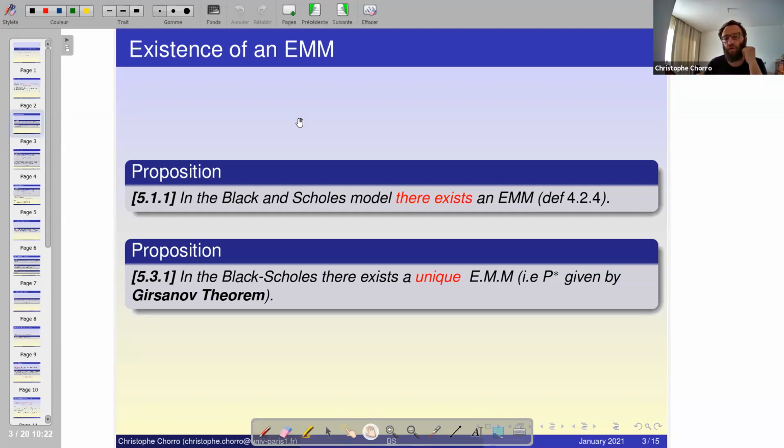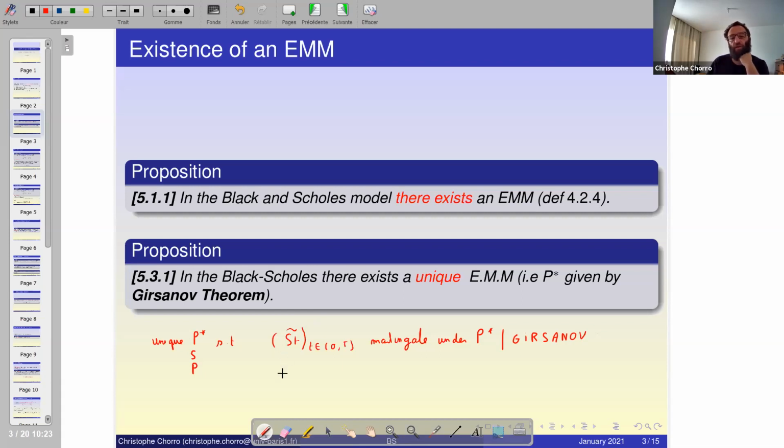So we have a unique P star such that S_T tilde is a martingale under P star. And P star comes from Girsanov. So, a unique P star that is equivalent to the historical probability.